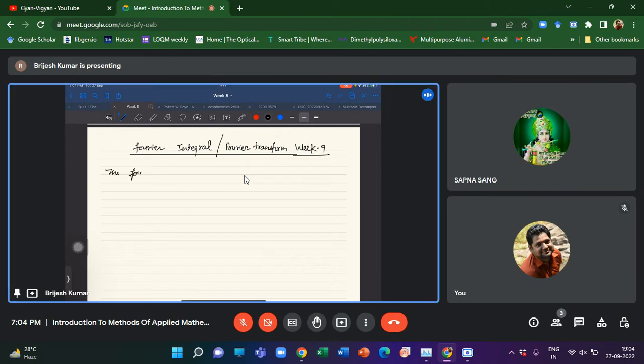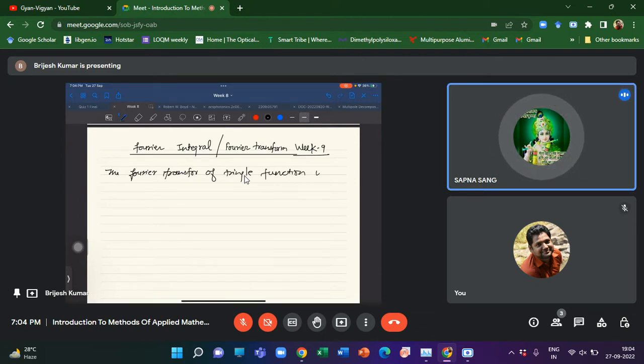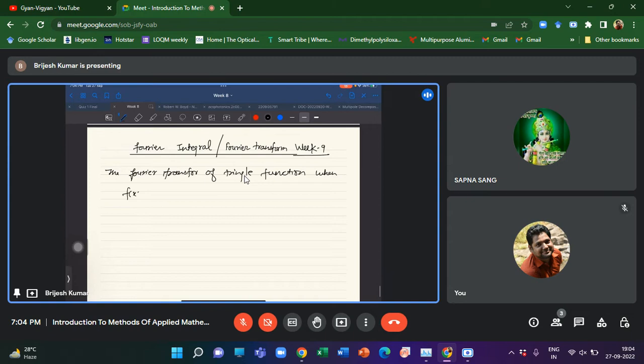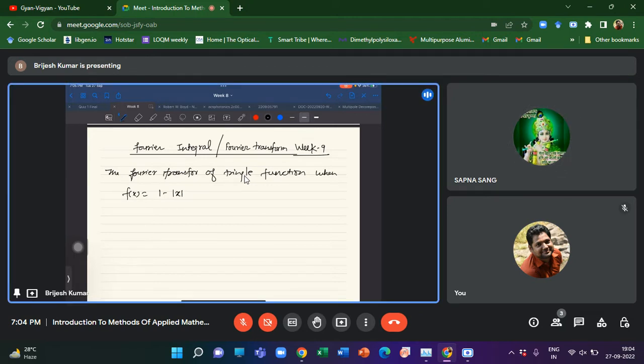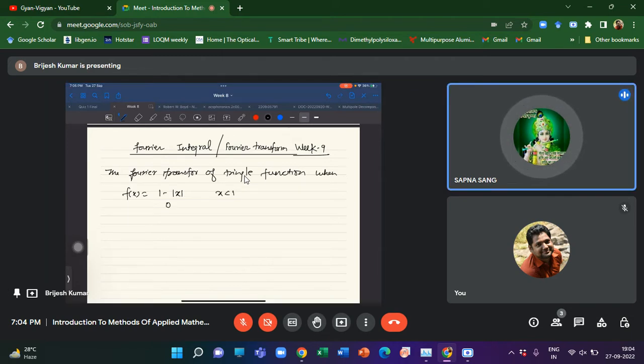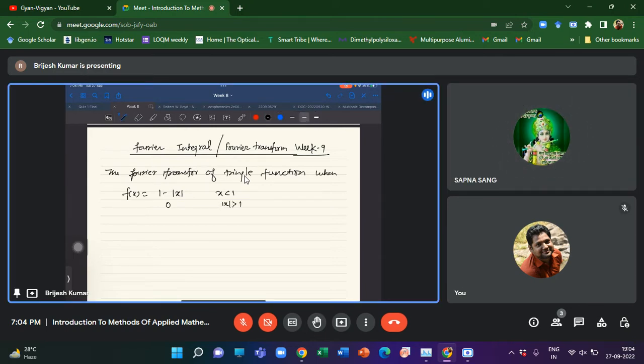The Fourier transform of a triangle function, when f(x) is equal to 1 minus mod x when mod x is less than 1, and 0 when mod x is greater than 1.